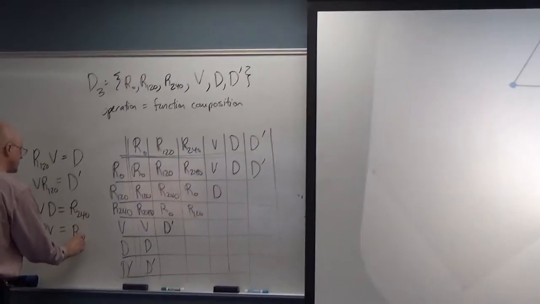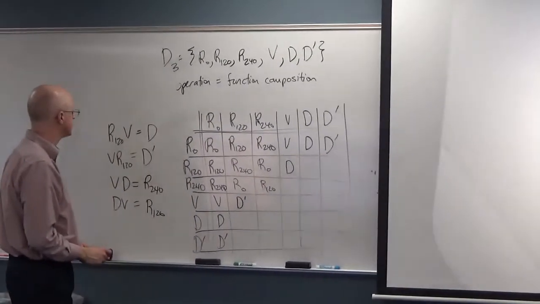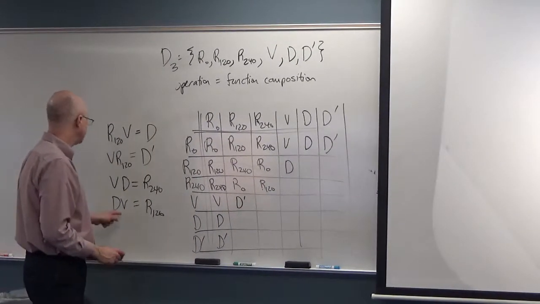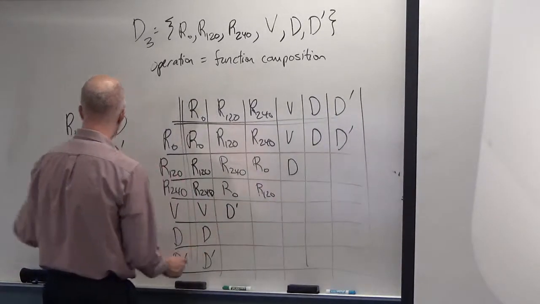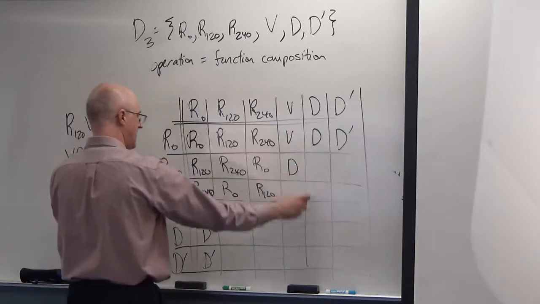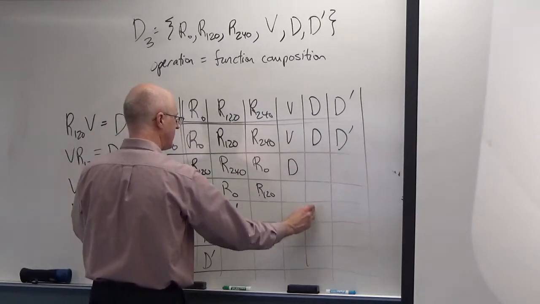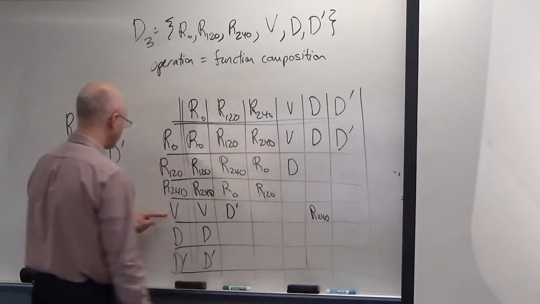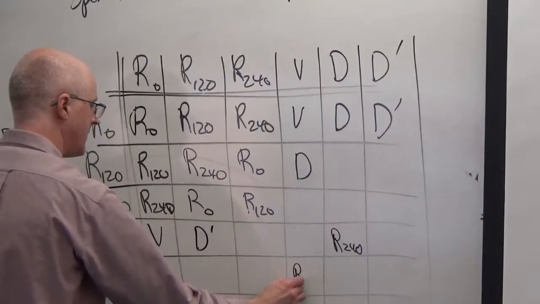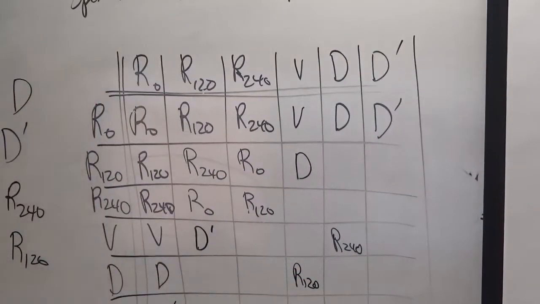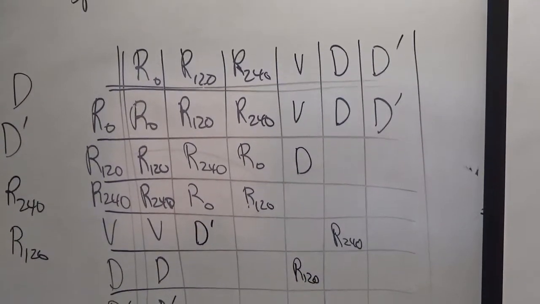It's been rotated by 120 degrees, and same with the other ones. So DV, right? Okay. VD right here is going to be R240. And DV right here is going to be R120. Once again, emphasizing the fact that this group is not abelian.